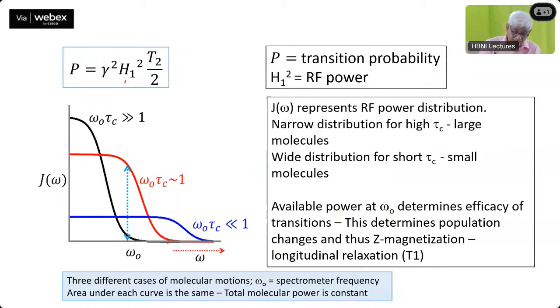That is possible in small molecules. In small molecules, there is power available there. So the lattice can produce a double quantum transition as well as a single quantum transition. But in large molecules, it cannot, as there is no power available at this point. In small molecules, certainly it is.